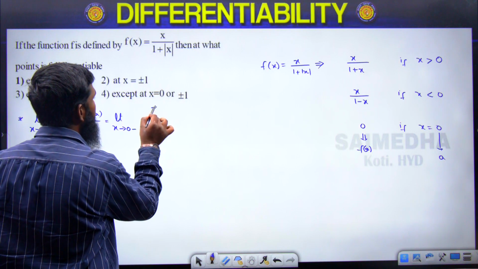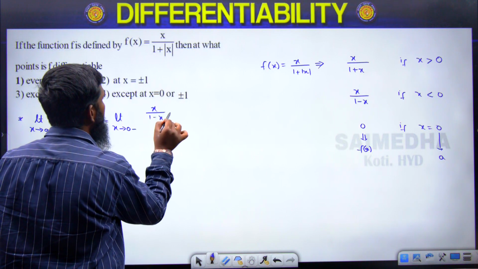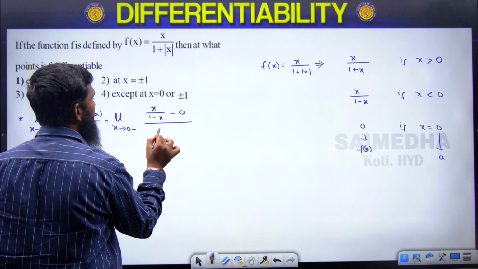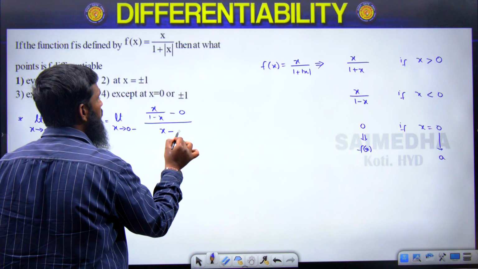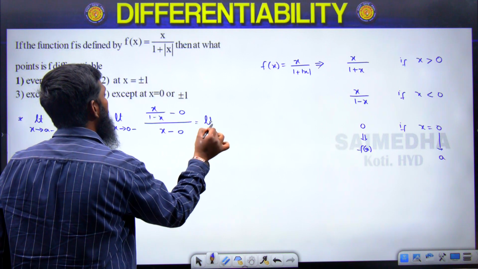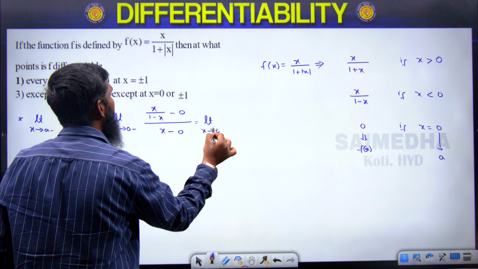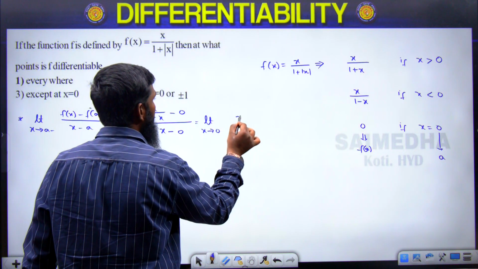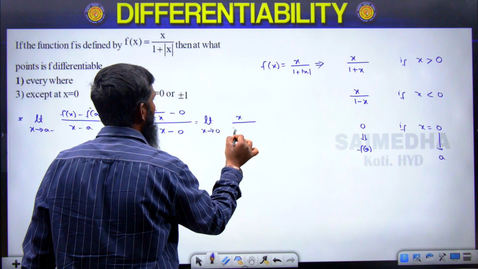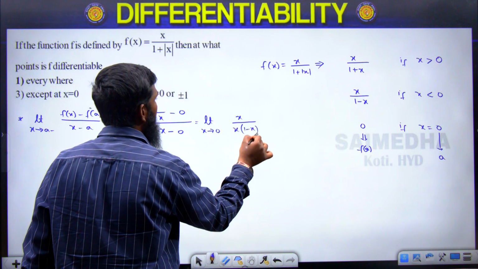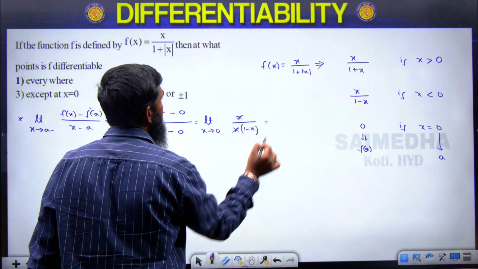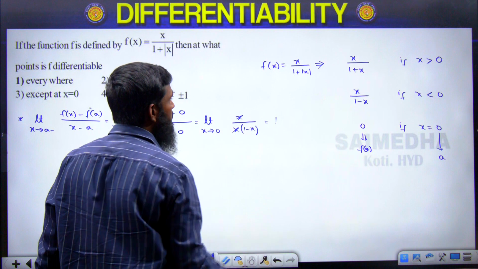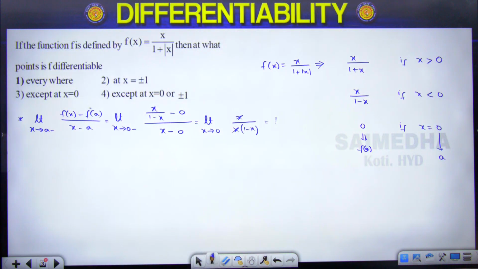So we write x by 1 minus x minus f of a, which is 0, divided by x minus 0. Now we do the simplification: x divided by x into 1 minus x. This part gets cancelled, and x value 0 gives 1 minus 0, which is 1, so 1 by 1 is equal to 1.